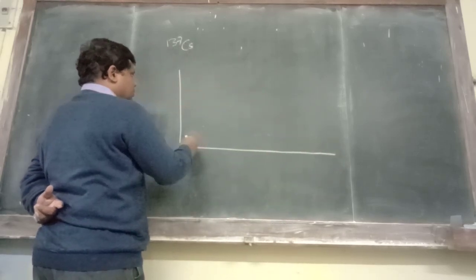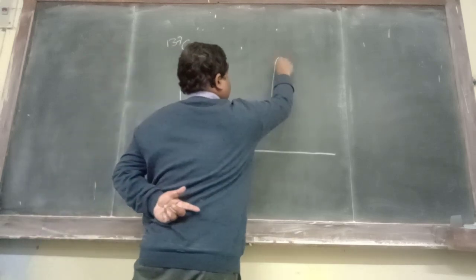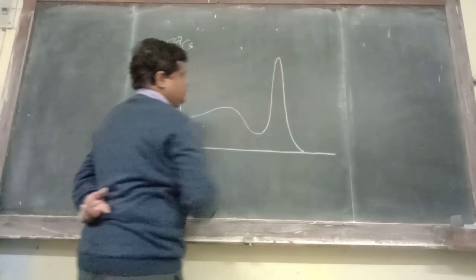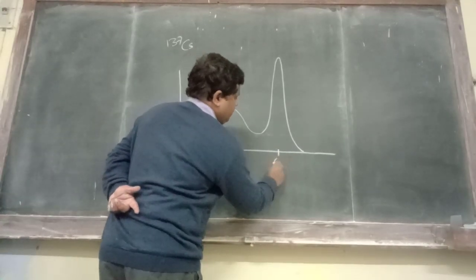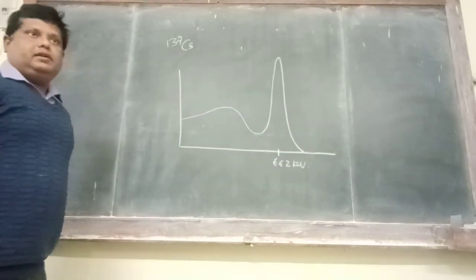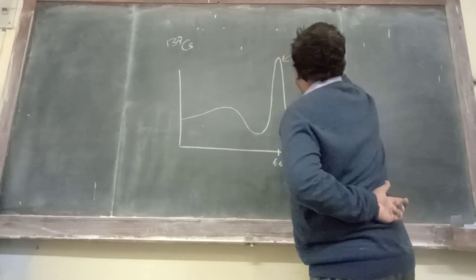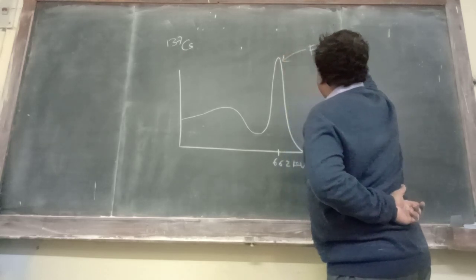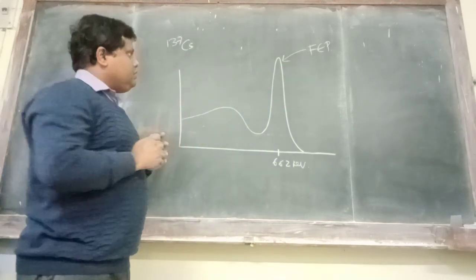Okay, so you will observe something like this, and here is the 662 keV. Fine. And this corresponds to the full energy peak. Now when I say full energy peak, this means complete energy deposition.